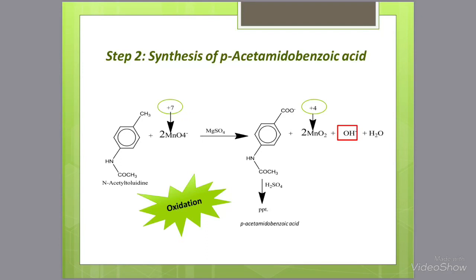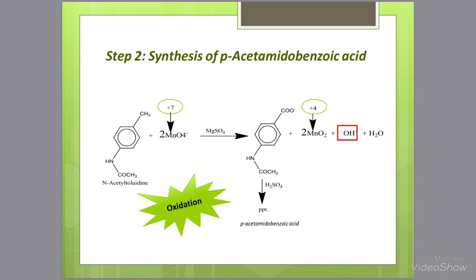It's the oxidation of the methyl group to its corresponding carboxyl group using KMnO4 as an oxidizing agent. Now, in this reaction, the violet solution of permanganate is going to be converted to a brown precipitate, which is composed of manganese dioxide.